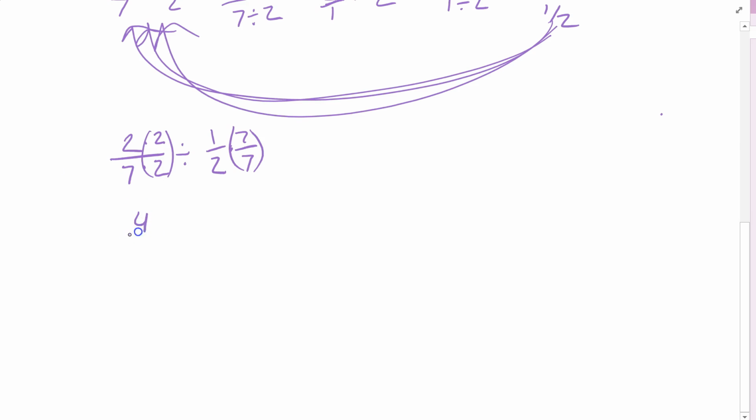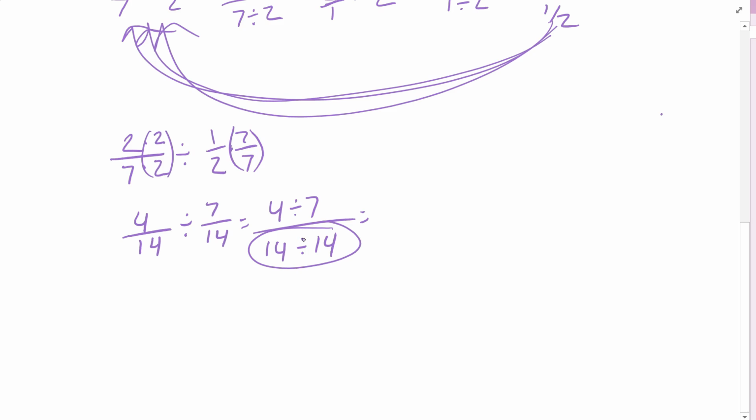So here I have 4 out of 14 divided by 7 out of 14, which I could use Josh's method. 7 divided by 4 over 14 divided by 14. And this was the nice case that 14 divided by 14 turned out to be 1. And my answer is 7/4.